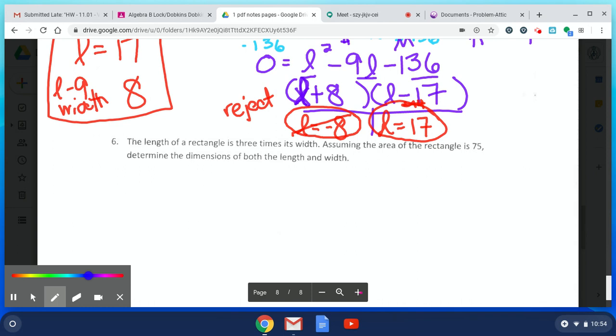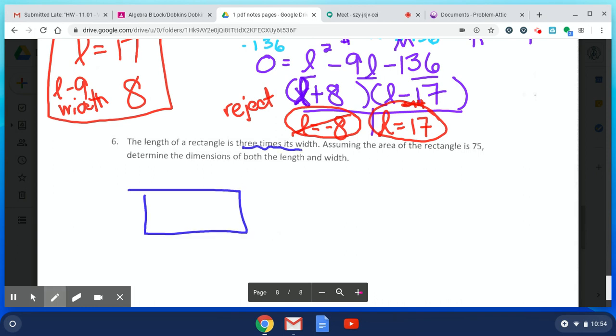So looking at number 6, the length of a rectangle is 3 times its width. So the length is 3 times the width. So I'm going to put an X on the width here just to go back to a nice little variable. So if the width is X, the length is 3 times X. Assuming its area is 75, determine the dimensions of both the length and the width.